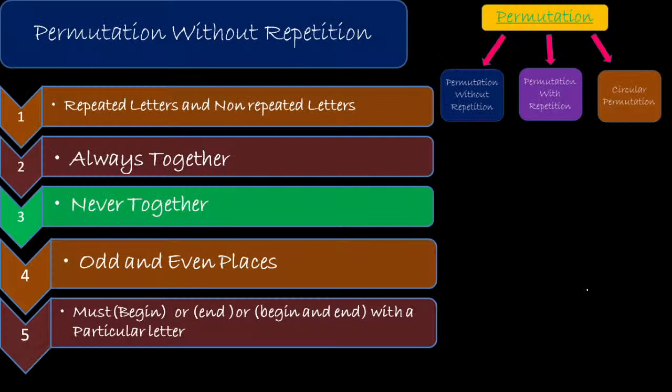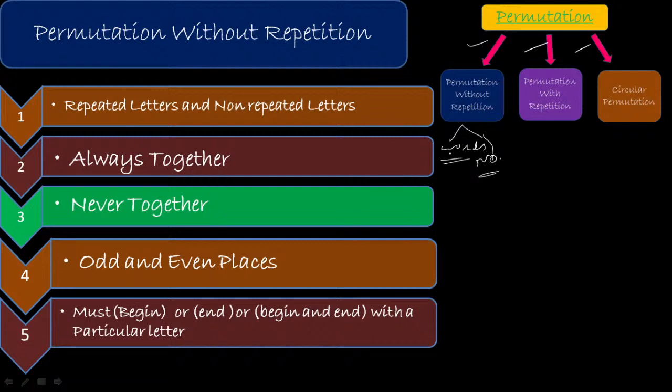Then next we move on to permutation with repetition. As I told you already, in permutation we are going to discuss 3 different categories, that is permutation without repetition, permutation with repetition and circular permutation. In permutation without repetition we discussed 2 cases, that is when it is given in terms of words and in terms of numbers, and how we can calculate the different possible arrangements.